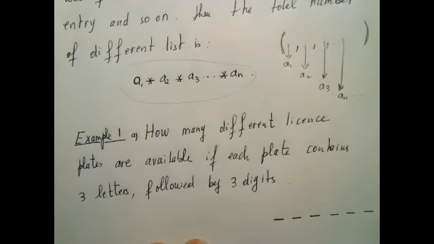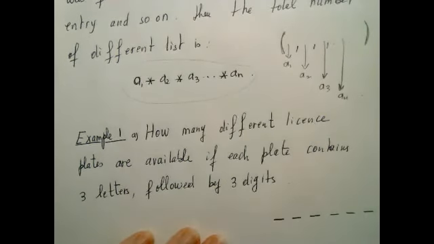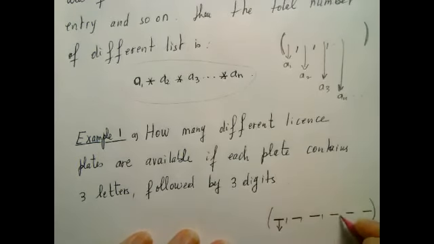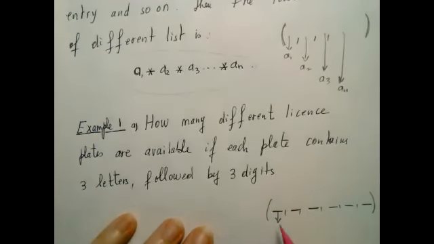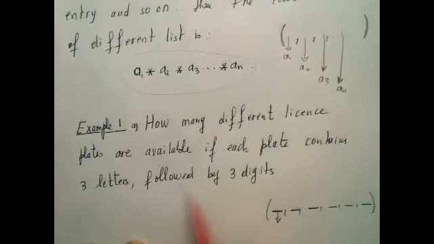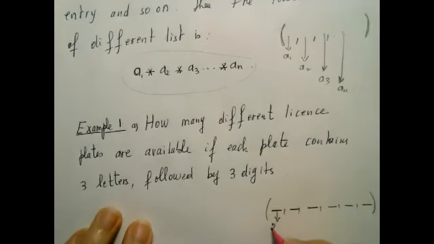26 times 26 times that, I agree, yeah. So I don't have a calculator, Nick, I'm sorry. I don't usually work with calculators a lot, unless I need them. So the first, each plate contains 3 letters followed by digits. So these are the letters. I have 26 choices, 26.